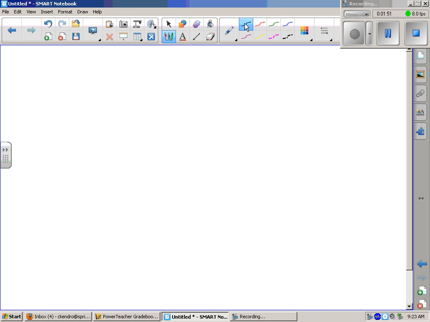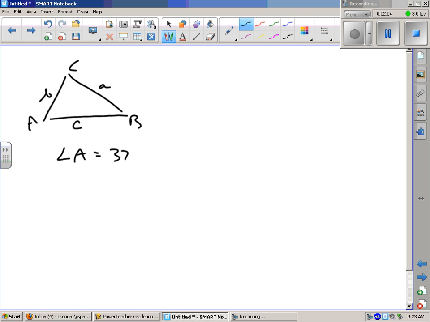All right, so we have triangle ABC. That makes little a, little b, and little c. Let's say angle A is 37.4 degrees, little a is 11.6, and little b is 9.4. We need to find all the other sides.